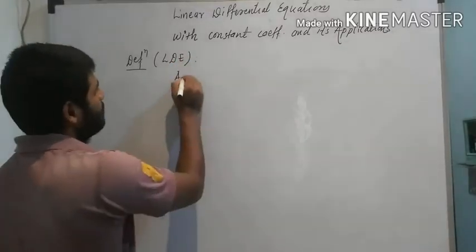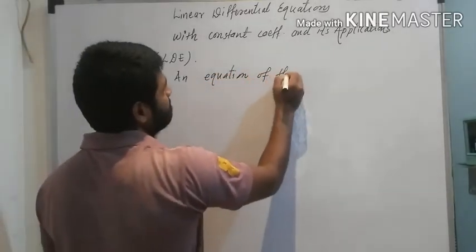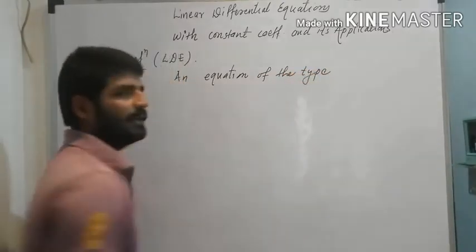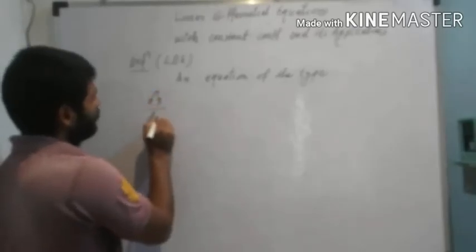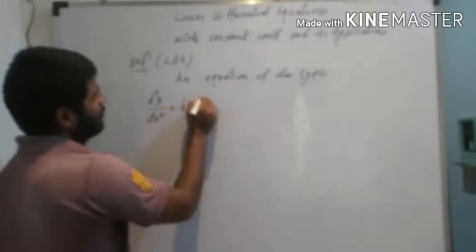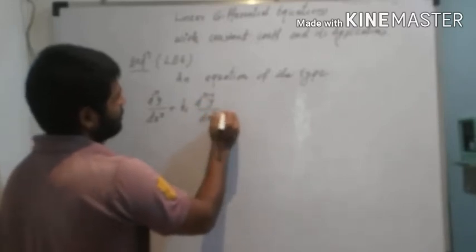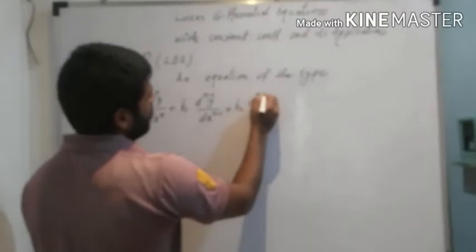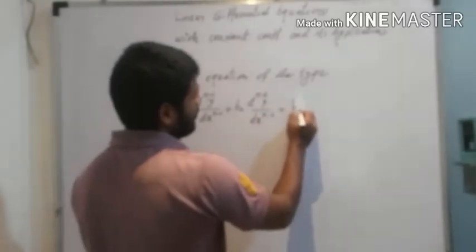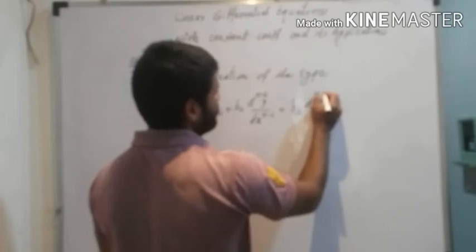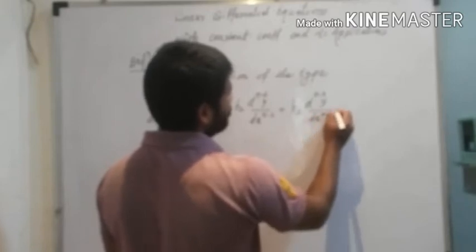An equation of the type: nth derivative of y with respect to x plus k1 into the (n minus 1)th derivative of y with respect to x plus k2 into the (n minus 2)th derivative of y with respect to x plus k3 into the (n minus 3)th derivative of y with respect to x, and so on.